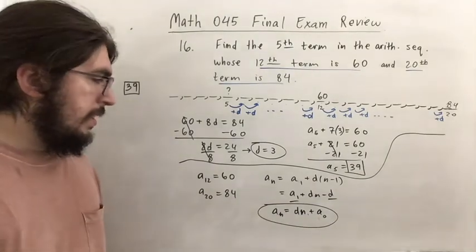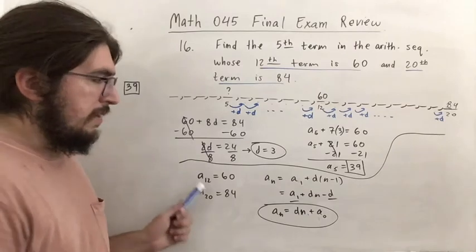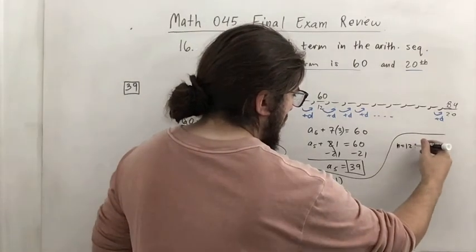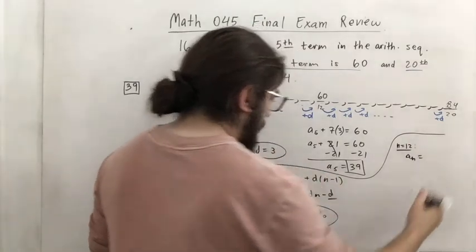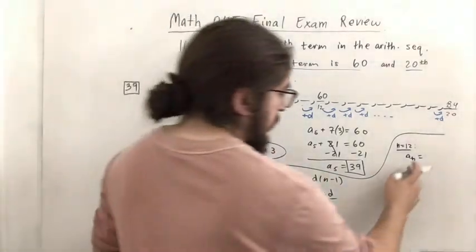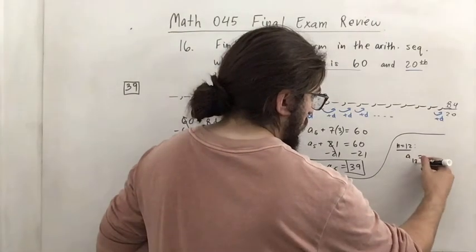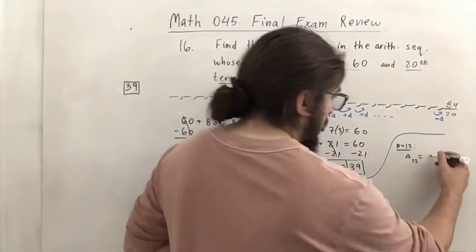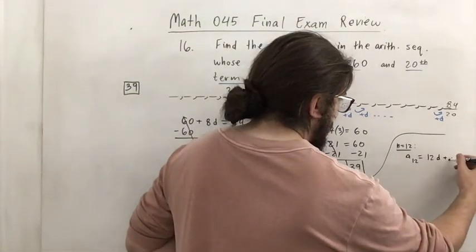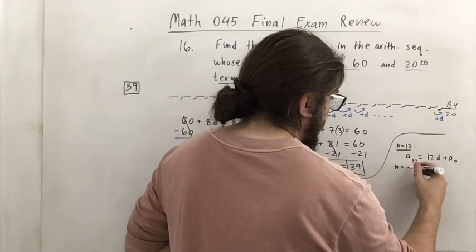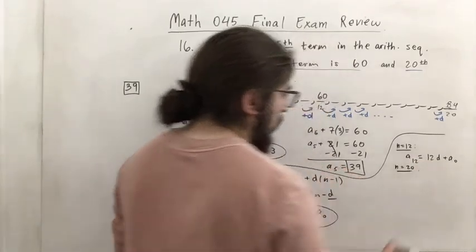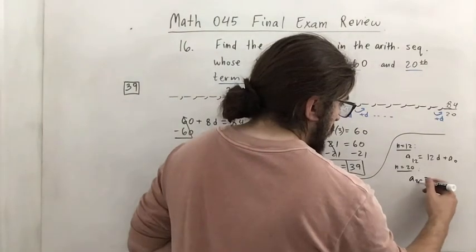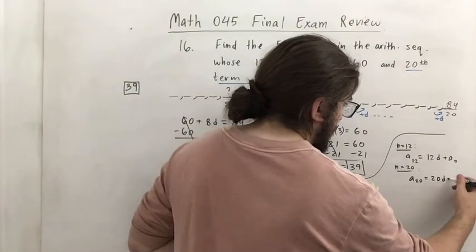Very, very similar. So I'm going to write each of these in that way using the fact that when n is equal to 12, we get a sub 12 is equal to d times 12 plus a0. So it's 12d plus a0. Similarly, when n is equal to 20, we get a20 is equal to 20d plus a0.